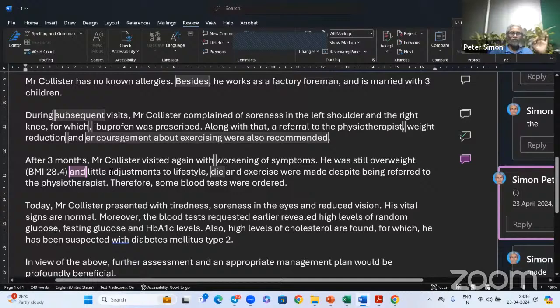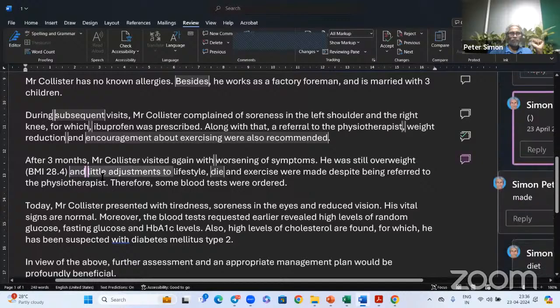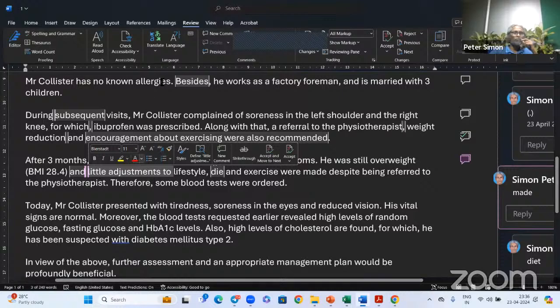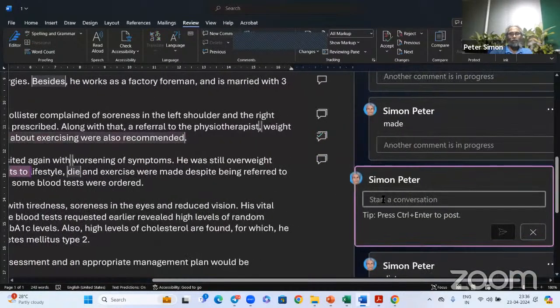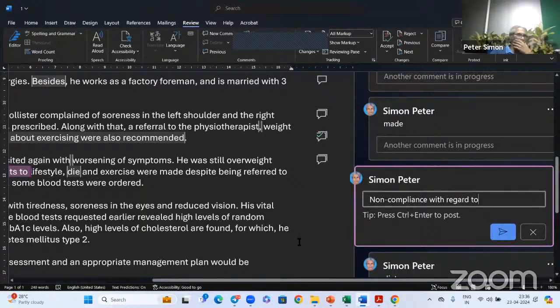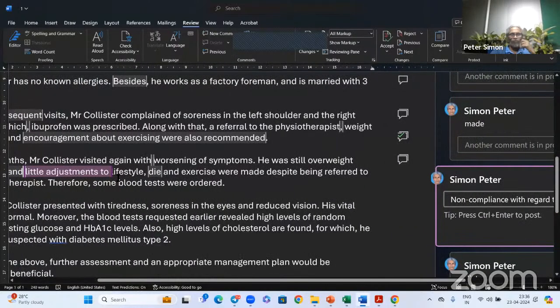Absolute non-compliance. Non-compliance with regard to lifestyle modifications, dietary regimen, and exercise program.